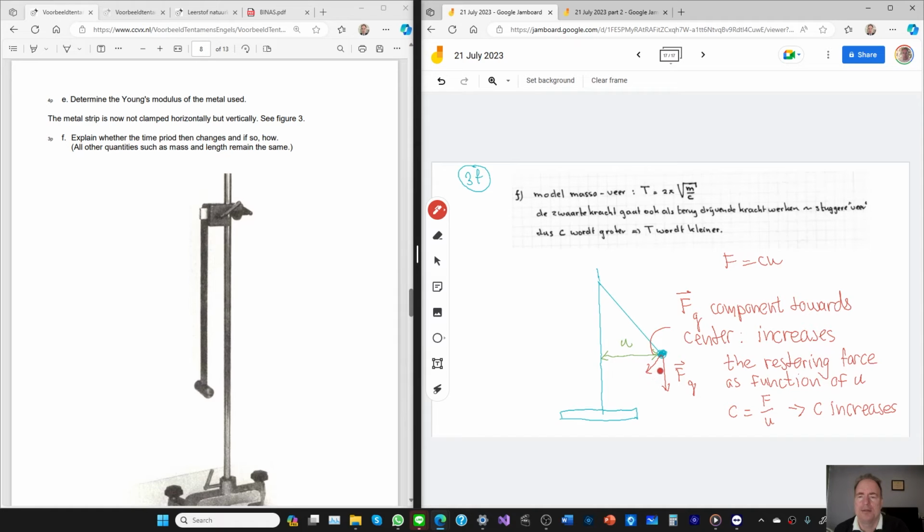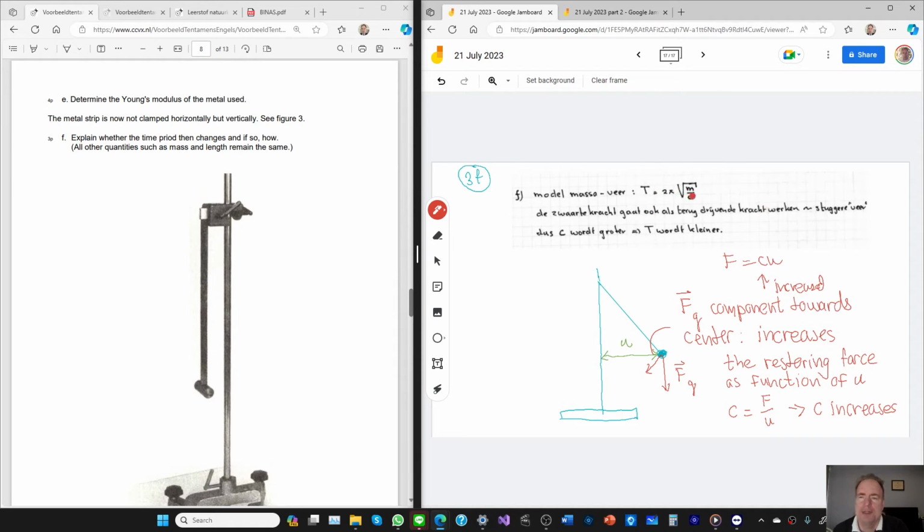And that means that the restoring force by adding this gravity is actually larger. So for a given deviation or displacement, the force is increased. And in other words, that means that your spring constant increased.